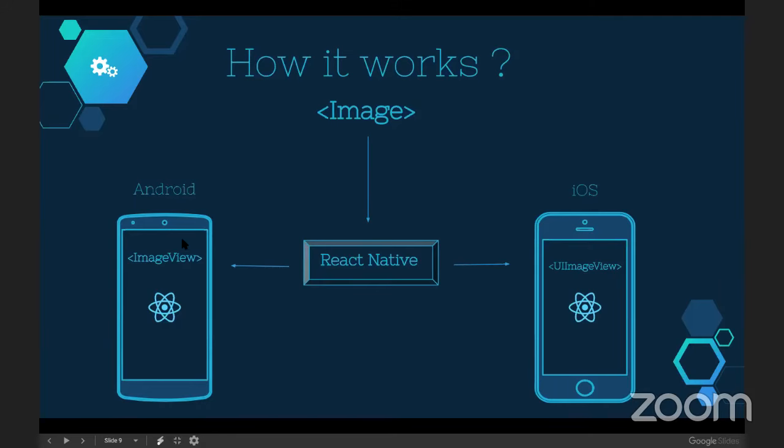So for example, when it is running on Android, the image is converted to bind to ImageView, and that's how an image is rendered on an Android device natively. And similarly, when Image is targeted for an iOS device, the Image component is bound to UIImageView, and the image will be rendered natively on the iOS device.